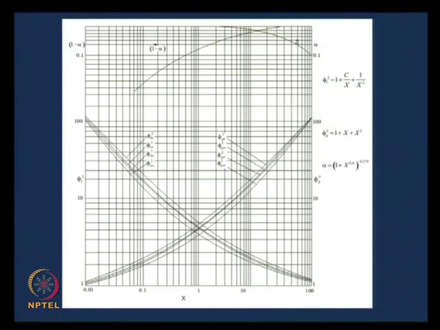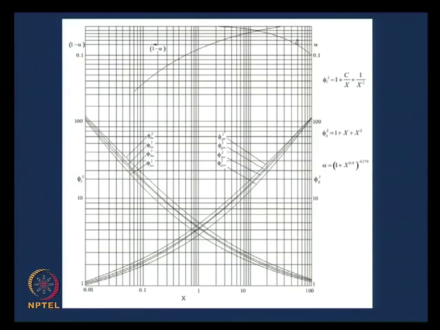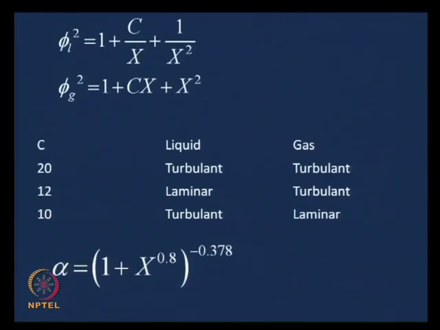It's phi L square equals 1 plus c by x plus 1 by x square, and phi g square equals 1 plus c x plus x square, okay, where the value of c takes on different values. Sorry, this should have been c x. So, these are the corrected expressions.